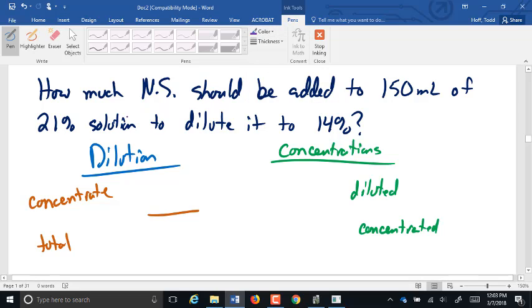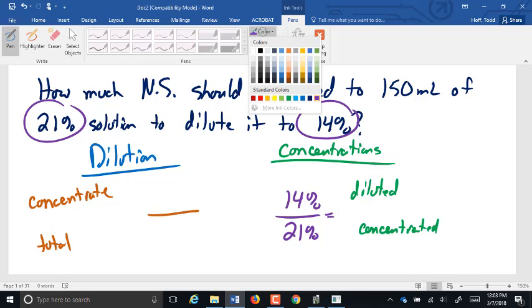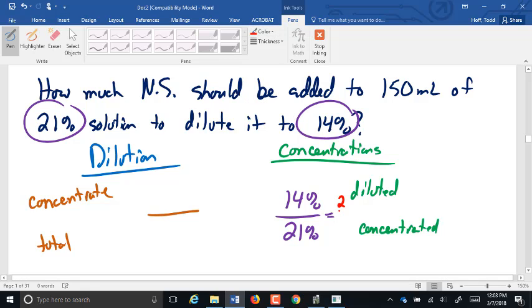The concentrated concentration, the higher percentage, is 21% on bottom, the diluted percentage is 14%, and that reduces to 2 to 3. So that means our ratio here of concentrate to total has to be 2 to 3.